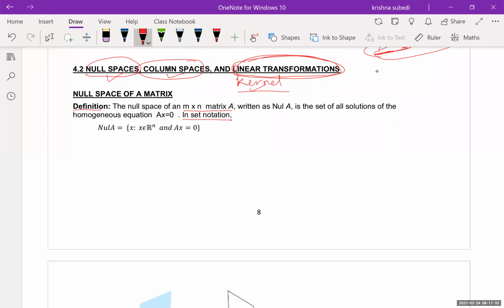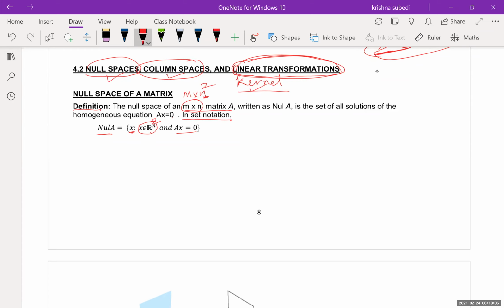In set notation, we write the null space as Null A equals all X from Rn, because remember, this is a set, and matrix A has size M by N. Therefore, this X belongs to Rn. If N is 2, then that will be R2. If N is 3, this will be R3, and AX equals 0.